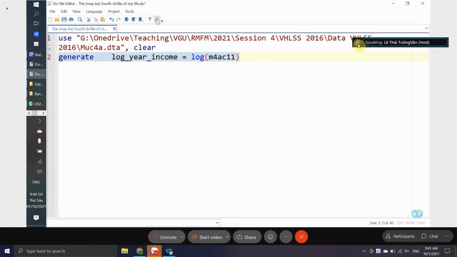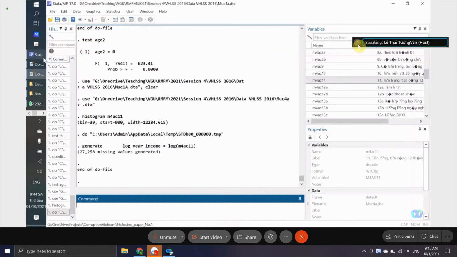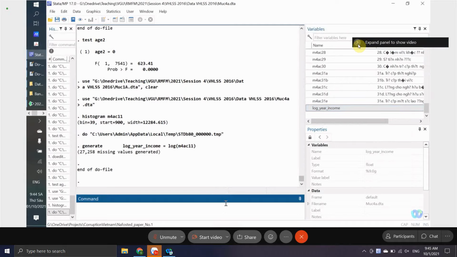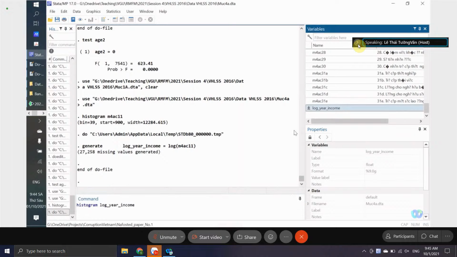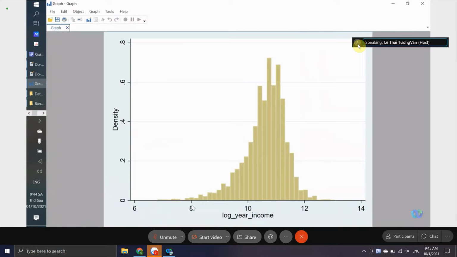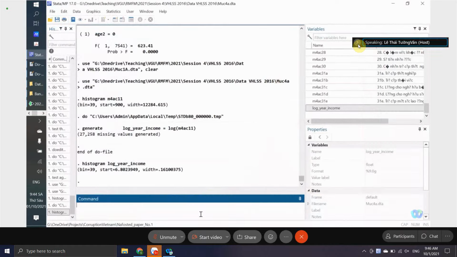If you do that, you will get a new variable down here. And if you visualize it, you will see a totally different distribution. Now, let's say I impose a normal curve there.